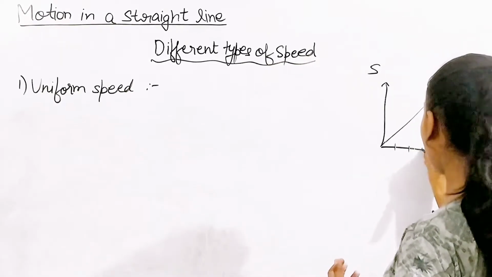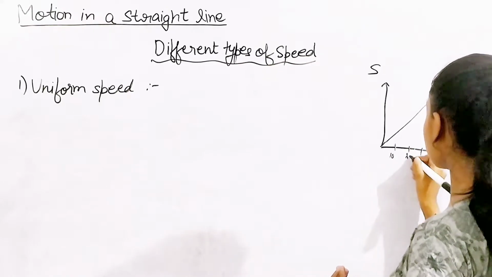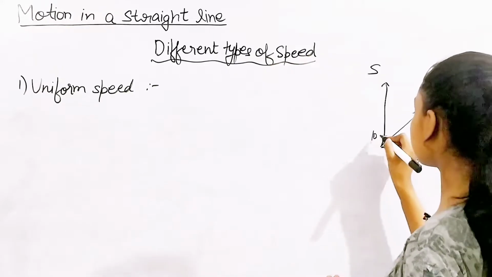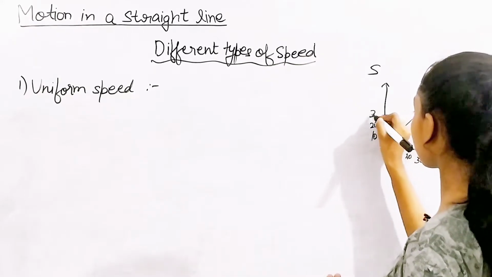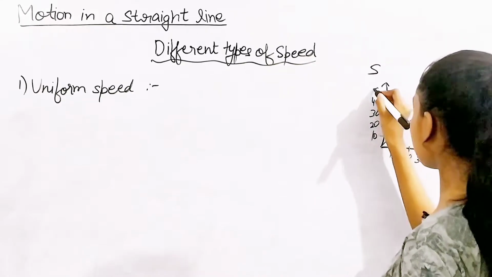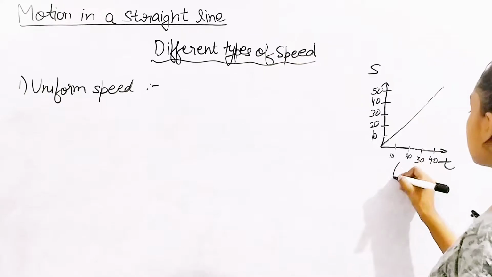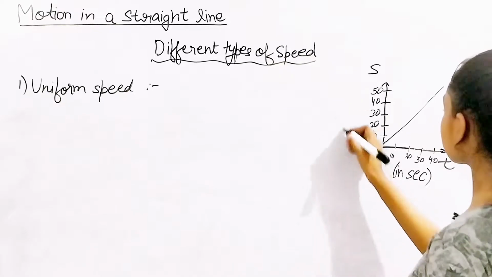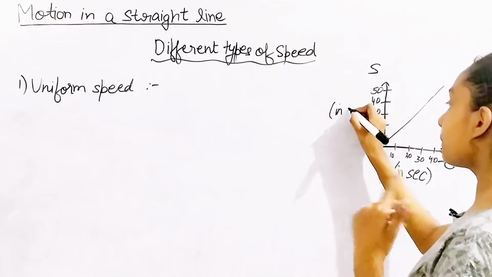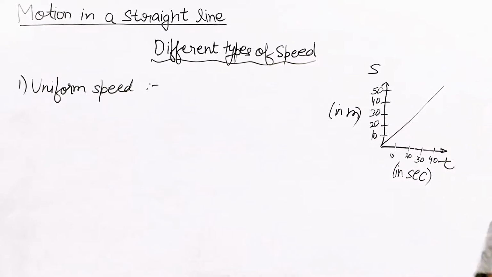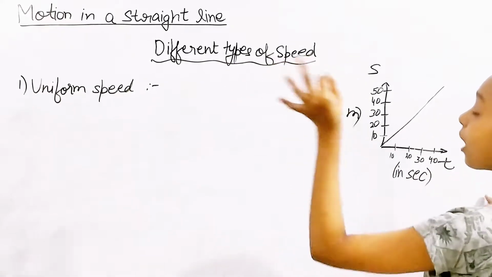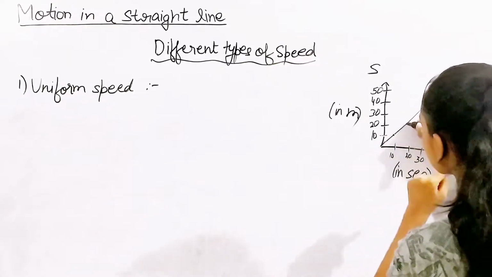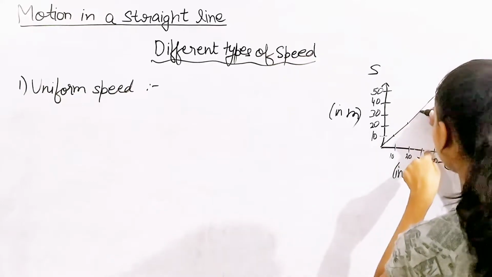Here it's going to be 10, 20, 30, 40, and here the same, 10, 20, 30, 40, and 50, in seconds and in meters. So what I'm saying is that this body is covering equal distance in equal intervals of time.